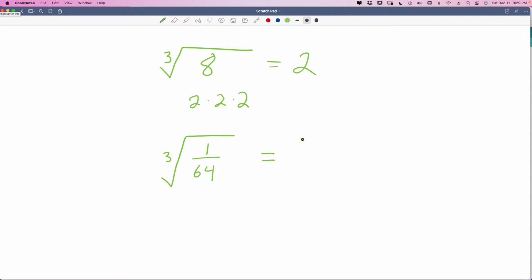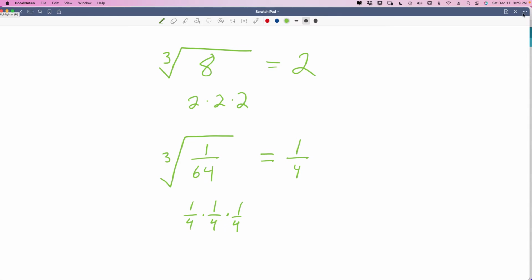And the answer to that would be 1/4, because 1/4 times 1/4 times 1/4 is equal to 1/64, because 4 times 4 times 4 is 64. So 3 identical factors. We're looking for 3 identical factors, and that's what it is. So the same thing that we can do with roots on whole numbers can be done with roots of fractions as well.